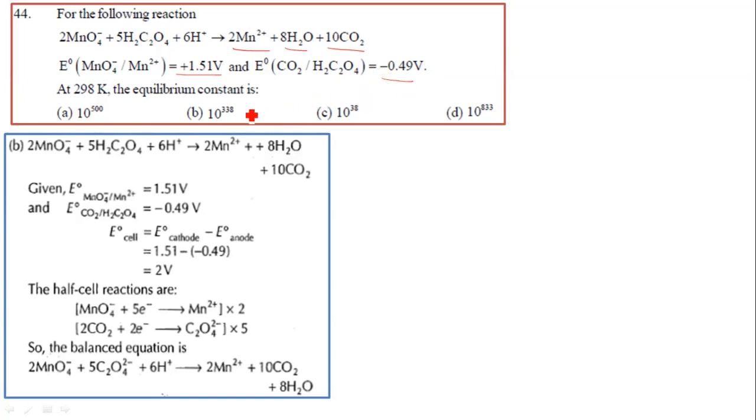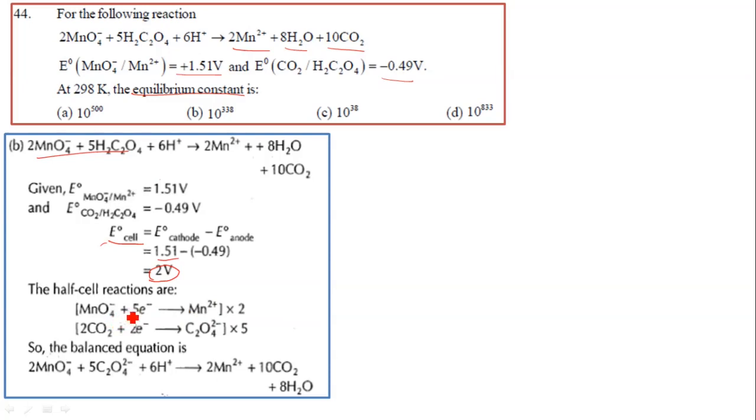Now calculate the equilibrium constant. Here you see the cell reaction. E cell equals cathode minus anode, that is 1.51 minus minus 0.49, this is 2 volt.